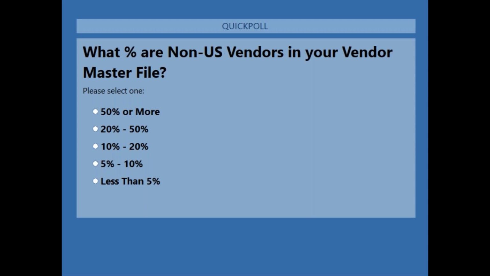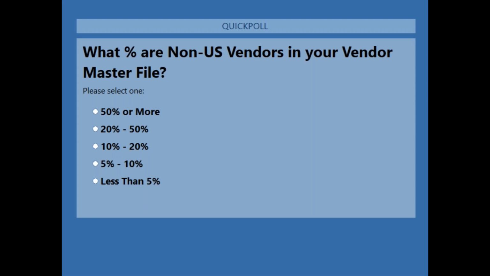You know, I should have put an I don't know in here because when I talk to clients, one of the first things that I ask when I'm doing the 5-day vendor master file cleanup is how many non-US vendors do you have in your vendor master file? And quite a few of them just don't know.